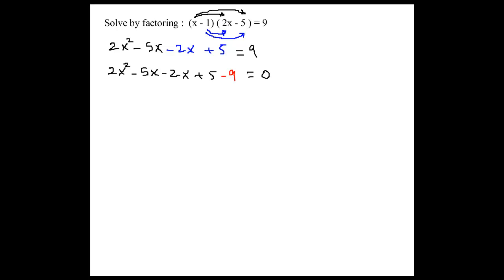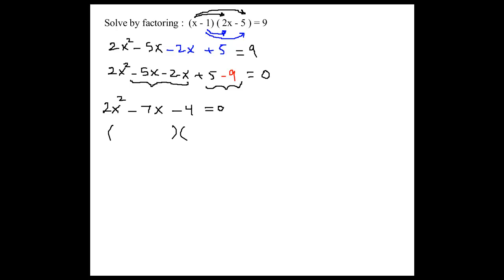Combine like terms. So what do we get? 2x squared minus 7x minus 4 equals 0. Very good. So what's the next step after that? Factor them. Right, we factor them.